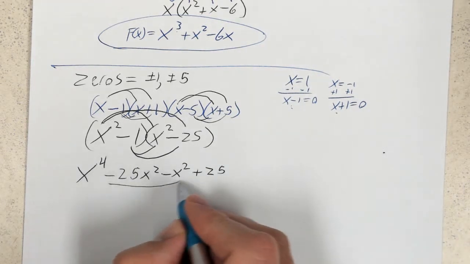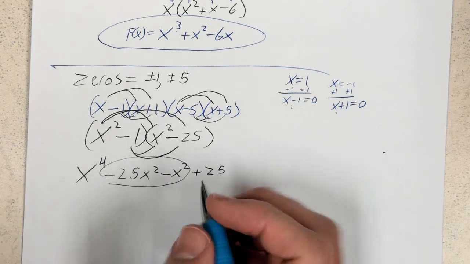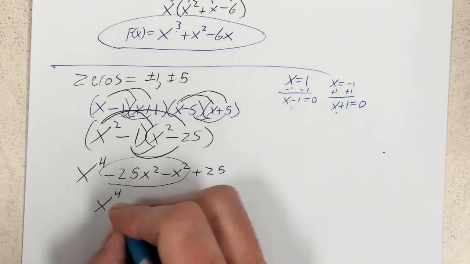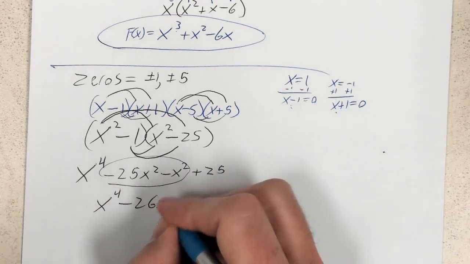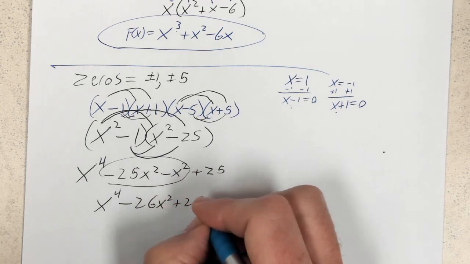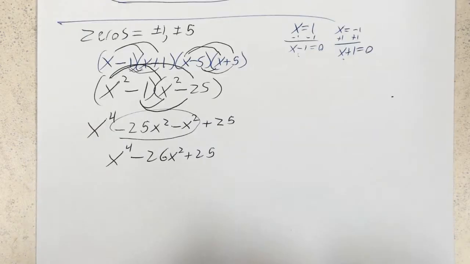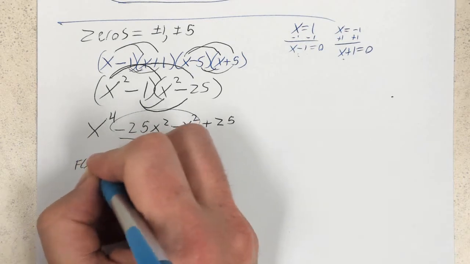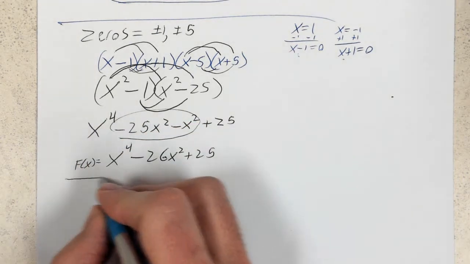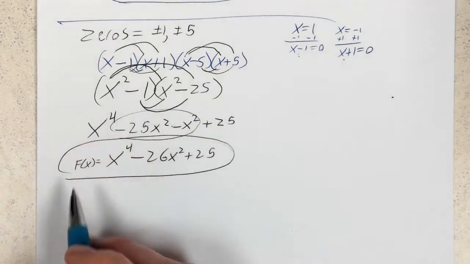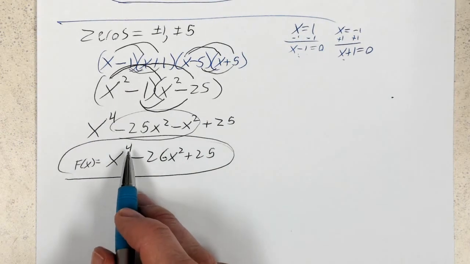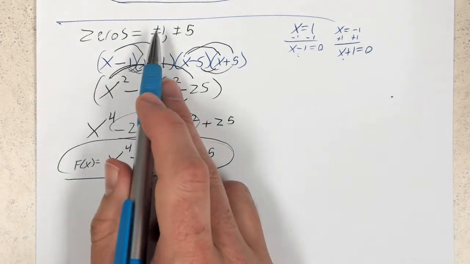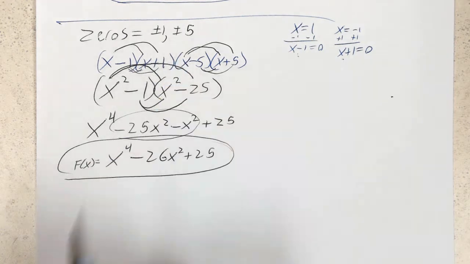And then we combine like terms. So we get x to the 4th minus 26x squared plus 25. And we'll add in f of x is equal to, and there's our function, our polynomial. And it's a 4th degree. We had 1, 2, 3, 4 zeros, and so that makes perfect sense.